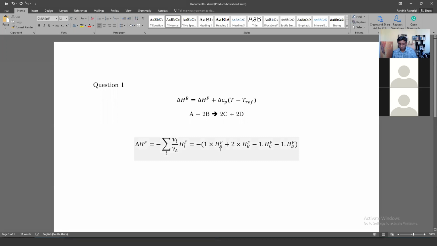So the number is going to be more negative, right? So this is going to be minus of a larger positive number. So this is going to be a negative. And so you will have on balance an exothermic reaction, right? And just to be a bit careful there, your reactants have a higher heat.